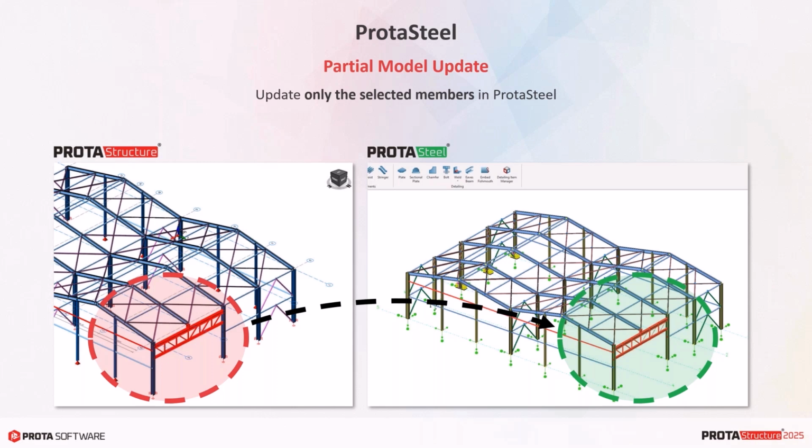You can send the updates to ProtaSteel, so the members are updated. But in the previous versions, we were always attempting to update the entire model, but now you can only send some of the members. If you changed a specific member, for example, you can only communicate that member to ProtaSteel, and only that member will be updated. That's a very huge increase in productivity.